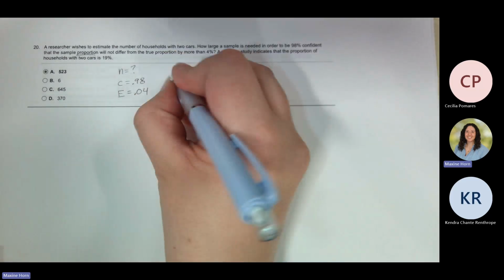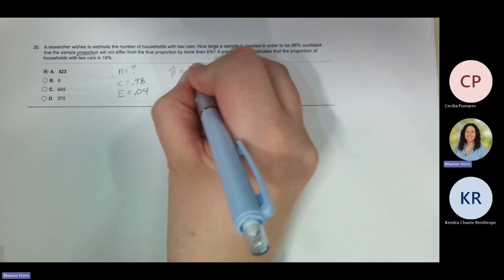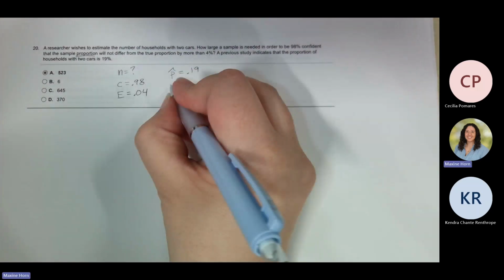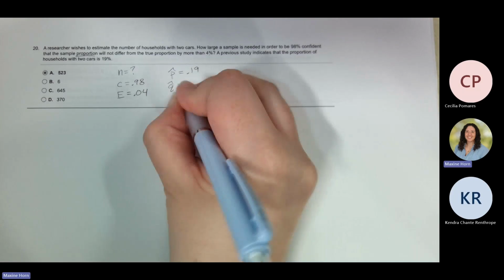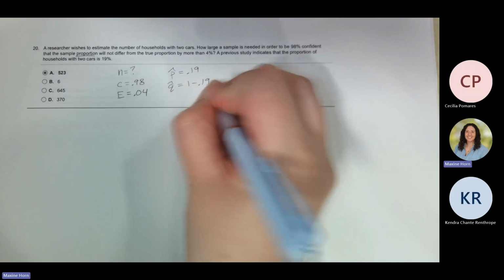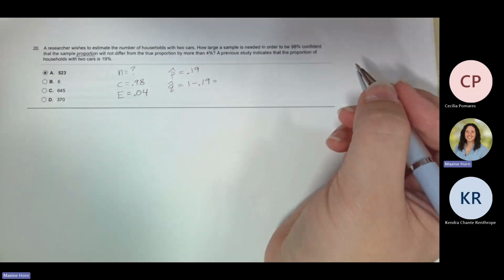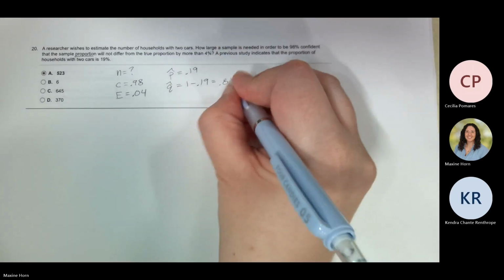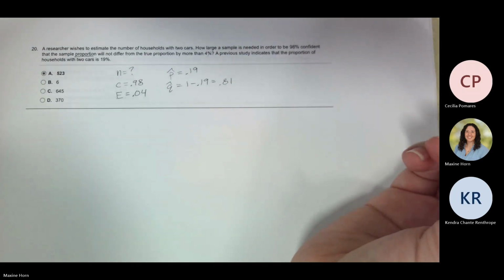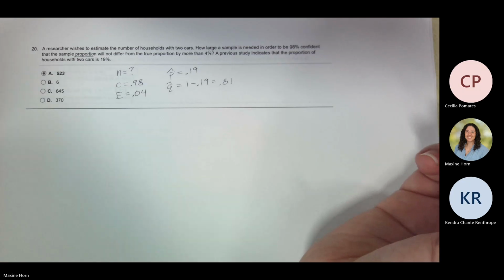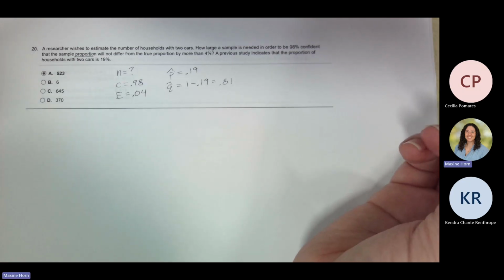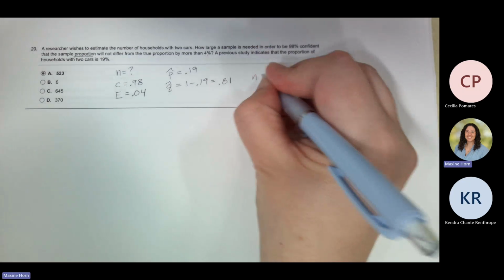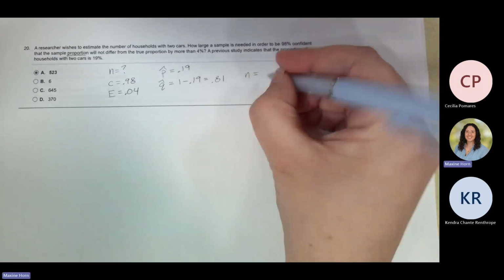So in this case, they've given us a p hat. Again, you have to turn that into a decimal here. So if we have p hat, we can find q hat, right? So now we just need to find our z-score, right?